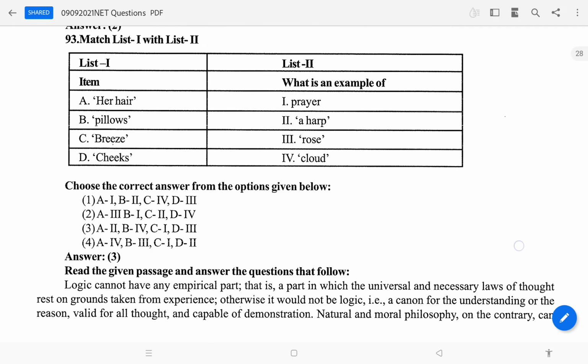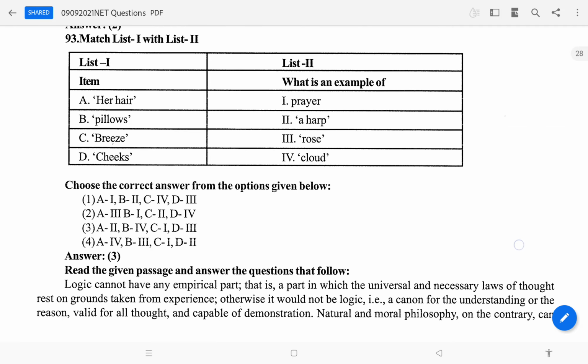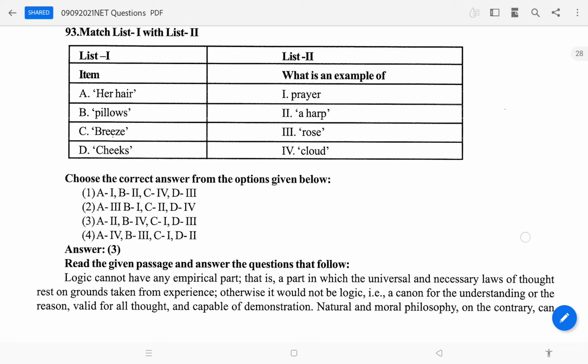Her hair will be 2, a harp is like a harp. Pillows will be like cloud, right? Then breeze will be like prayer, and cheeks like rose.